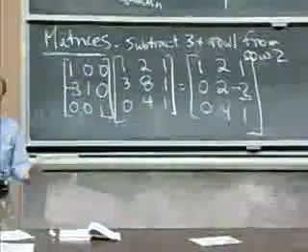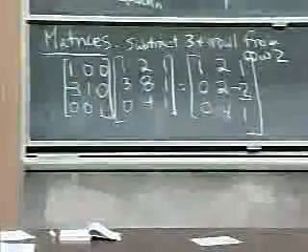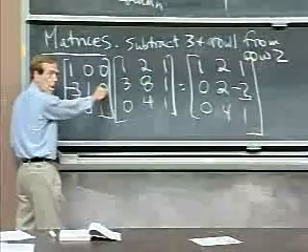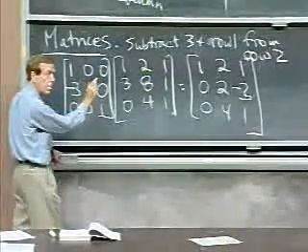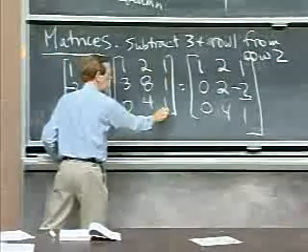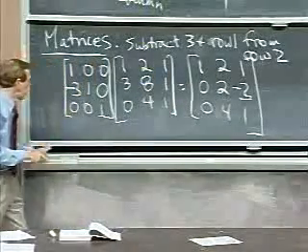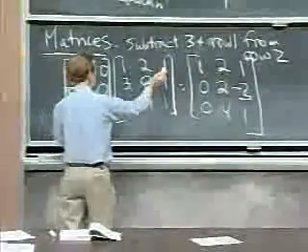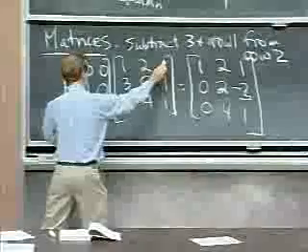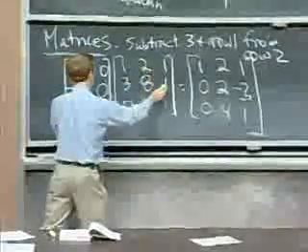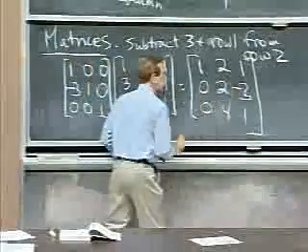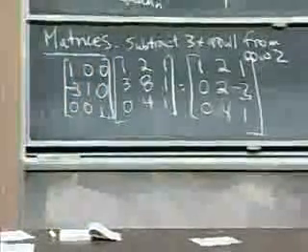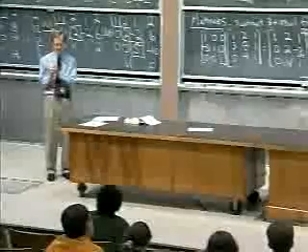I would look at row 2 of this one and column 3 of this one to get that number. I just take this dot product, -3 times... plus 1 and 0 gives the -2. Yeah, it works.